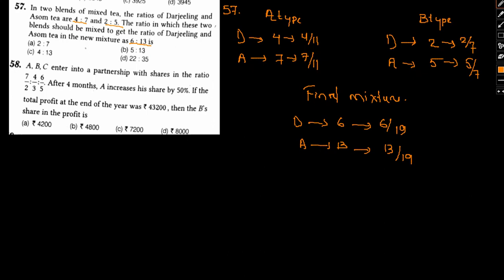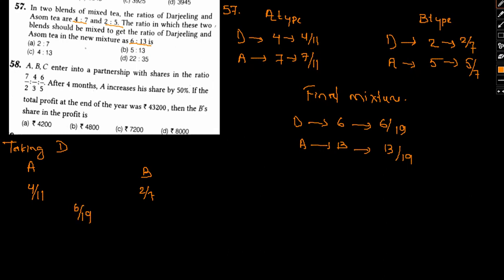First, I'm going to solve this keeping Darjeeling in consideration. Taking Darjeeling tea, say this is A type and this is B type. On one side we have 4/11, on the other side we have 2/7, and in the mean we have 6/19.